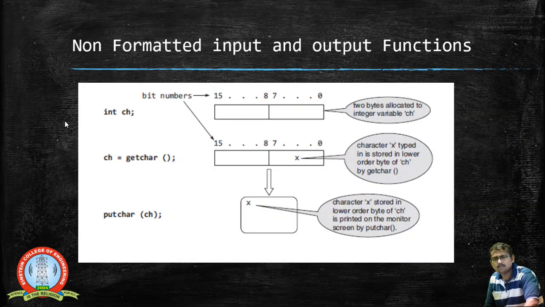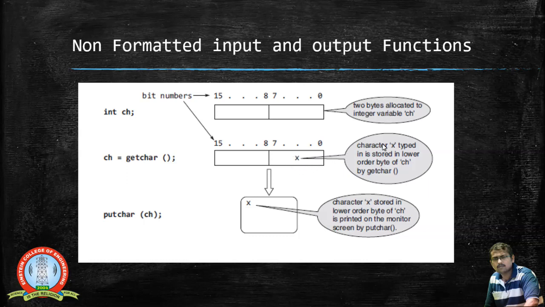Now coming to this example, where we have declared an integer named ch. The integer occupies 2 bytes of memory. The first byte is here and the second byte is here, and once the getchar function gets the character, it is stored here.